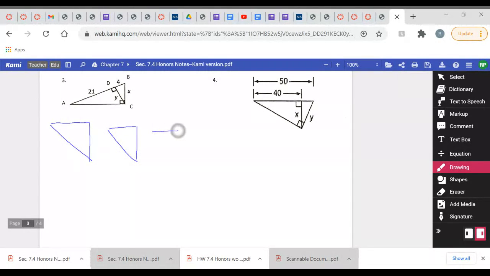There's my medium. There's my small. I know they're all right triangles. I can call them triangle 1, 2, 3 if that's easier to talk about them. And I know they're all going to have a 90, a 1 mark, and a 2 mark.